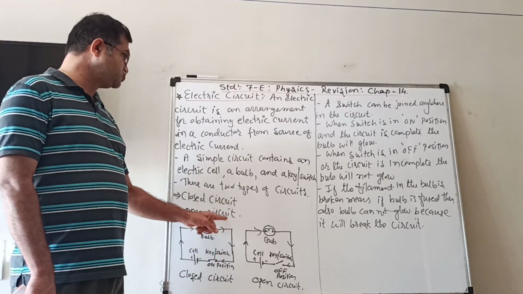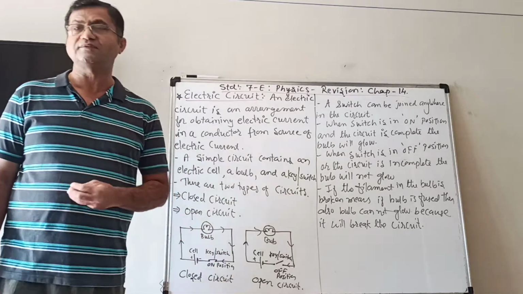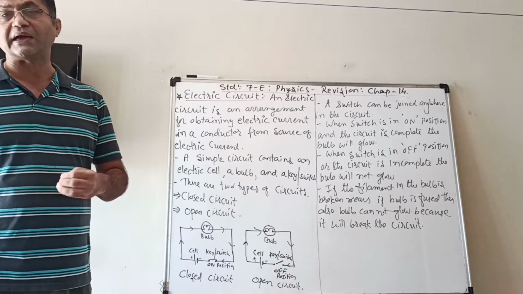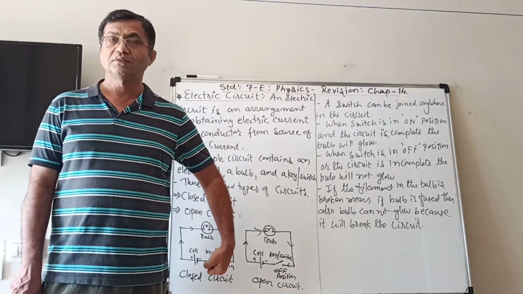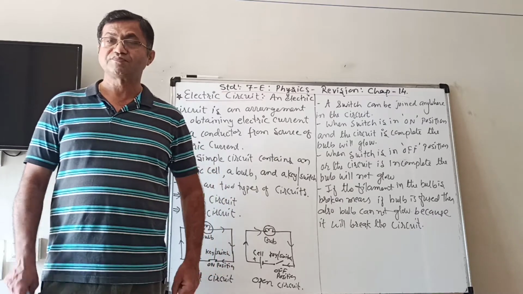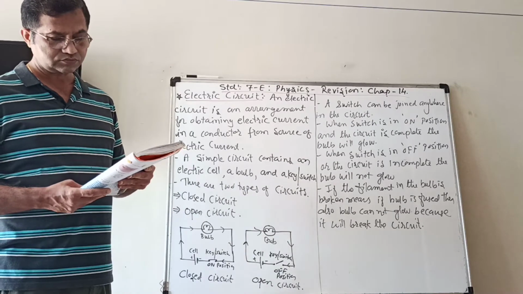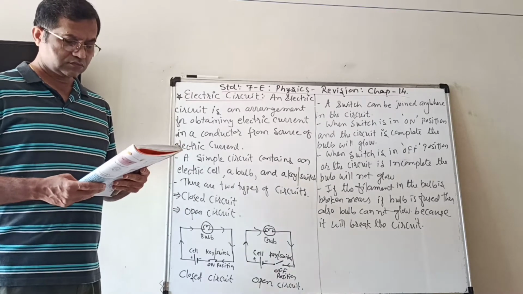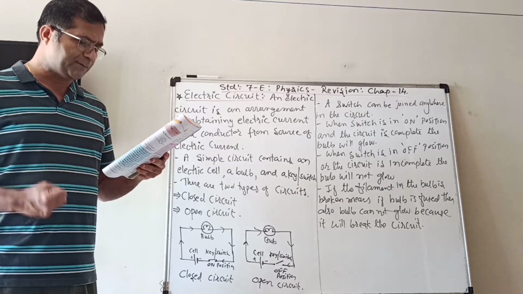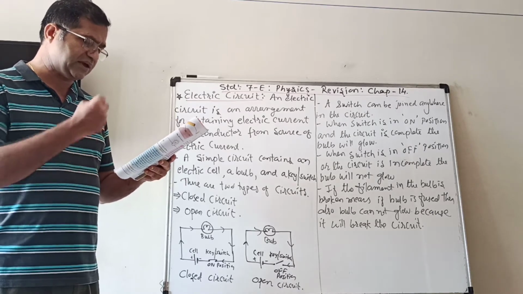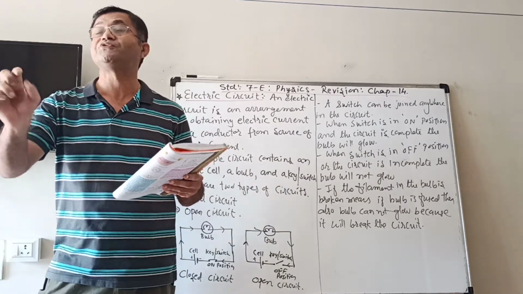So everything is joined correctly. In this situation, the bulb can glow. This type of circuit is known as a closed circuit. You can see that the bulb can definitely glow unless the bulb is fused.